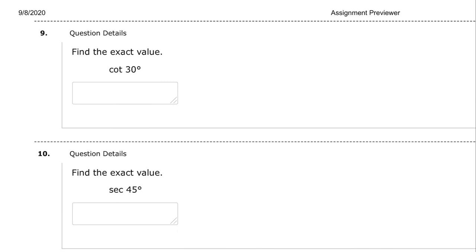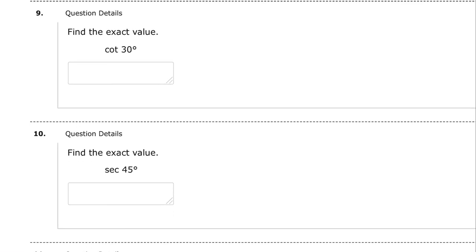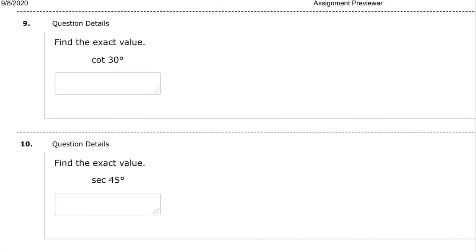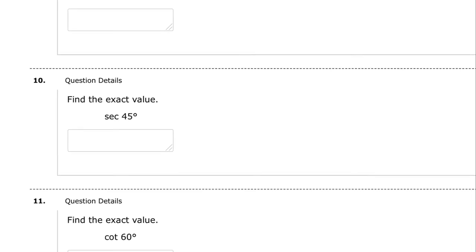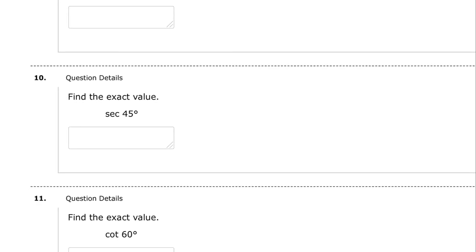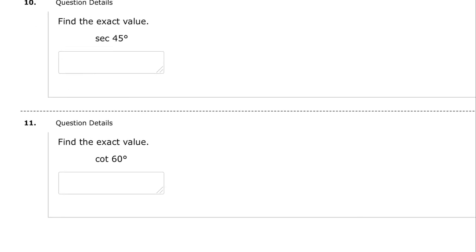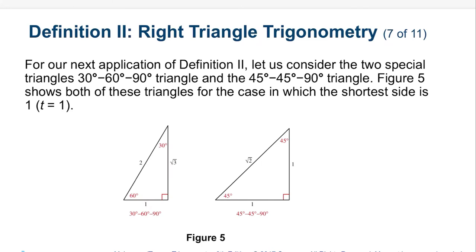All right, moving on. For all these problems, you can pretty much follow the same thing that we've been doing. We've been looking at the right triangle. So I'm just going to jump down to problem number 11. Let's look at the cotangent of 60 degrees. So here's 60 degrees. Cotangent, by definition, remember, would be adjacent over opposite. It's a reciprocal of tangent. So it's going to be 1 over radical 3.